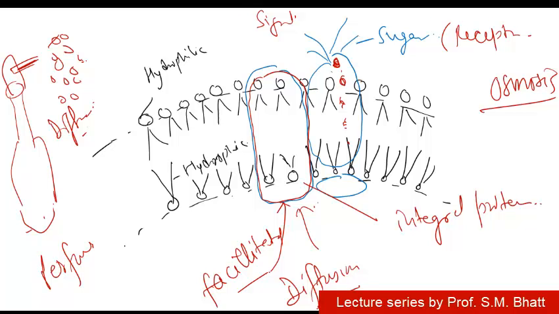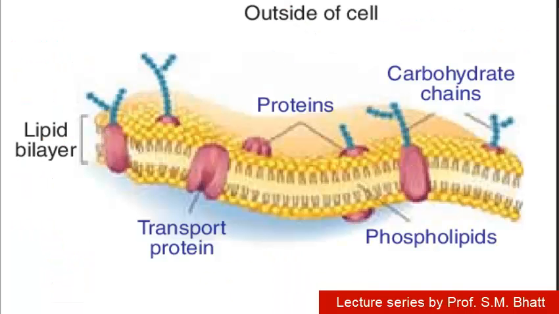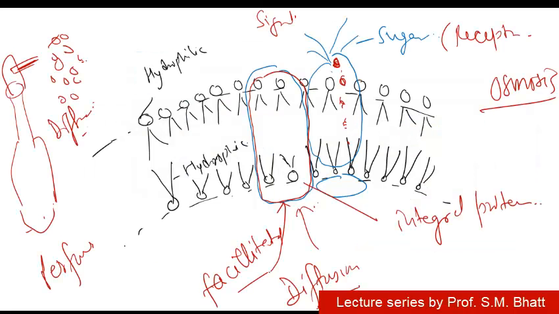They facilitate diffusion of ions or larger molecules which cannot cross the membrane. So they are transported by which diffusion? Facilitated diffusion, right? Also, there are a lot of receptors containing sugars. Protein plus sugar forms a kind of receptor, right?